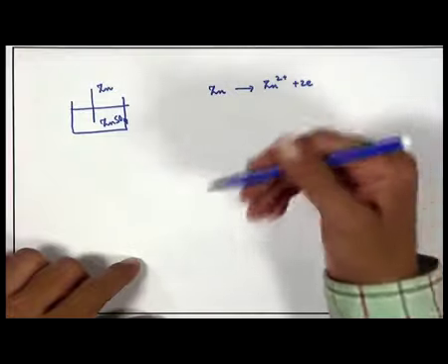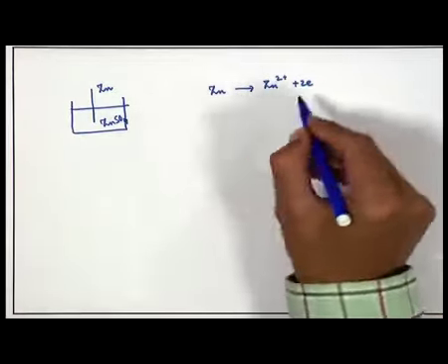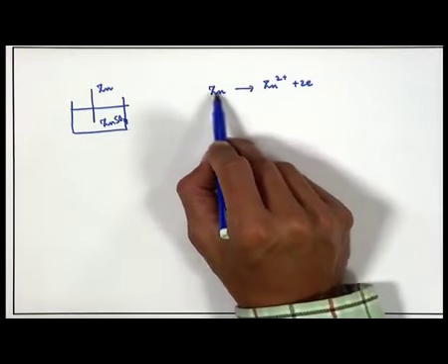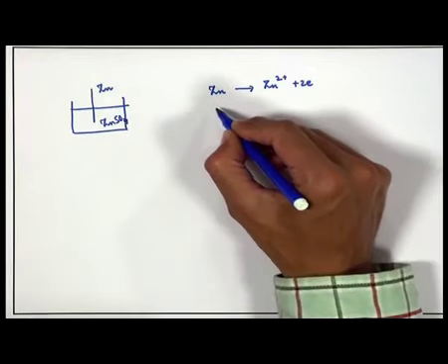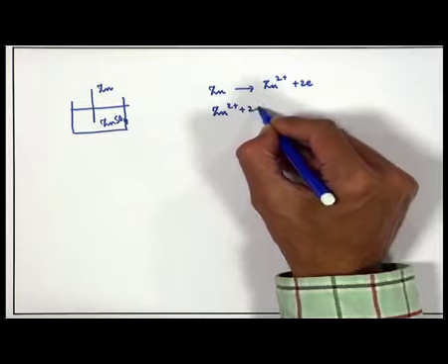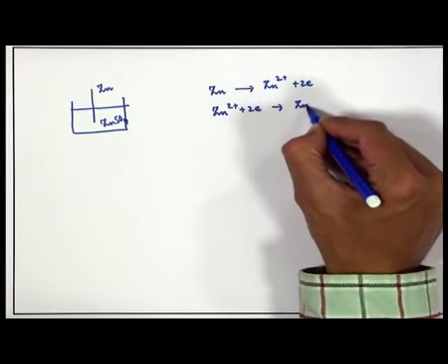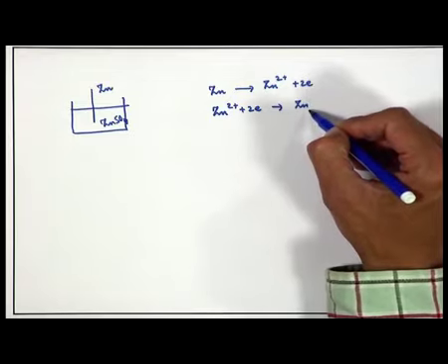So, whenever we talk about this redox process, you can represent this electrode reaction like this, zinc 2 plus twice electron gets you zinc. This is called the oxidation scheme, this is called the reduction scheme.